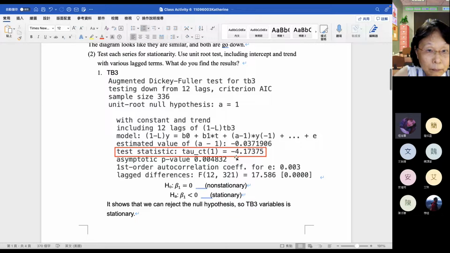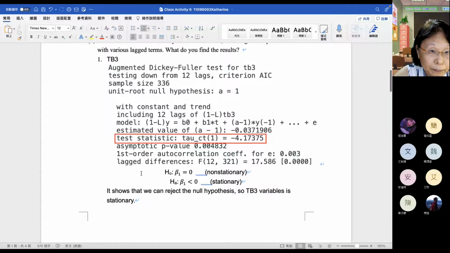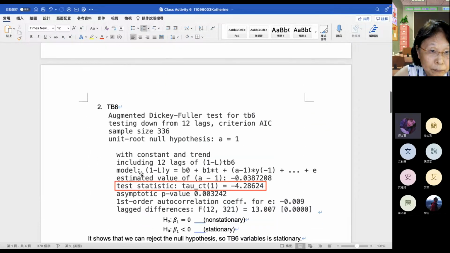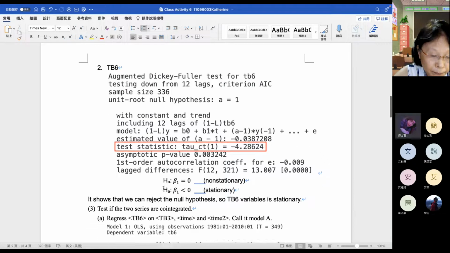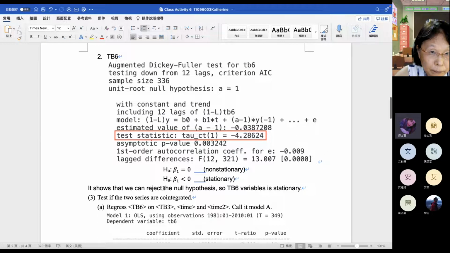And this is the result. It shows that we can reject the null hypothesis, so the TB3 variable is stationary. And for TB6, it also shows like this one, so we can reject the null hypothesis, so it's also stationary too.